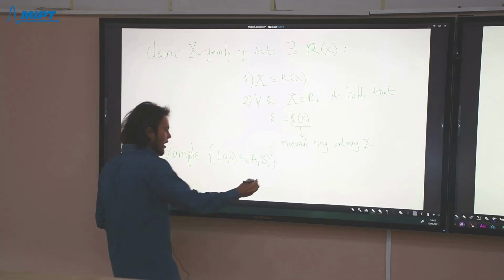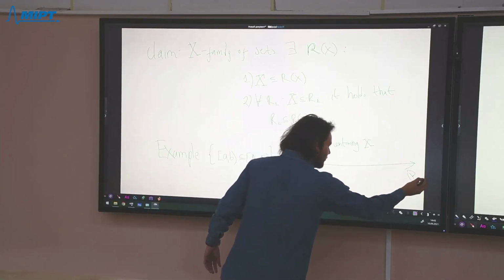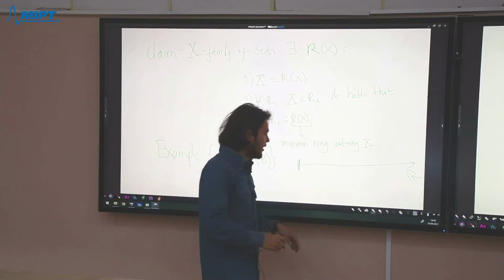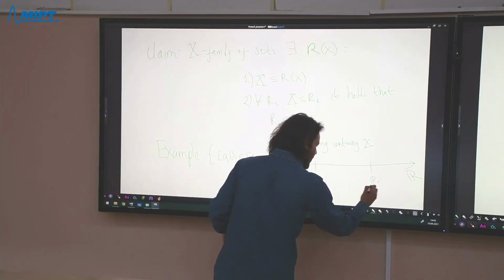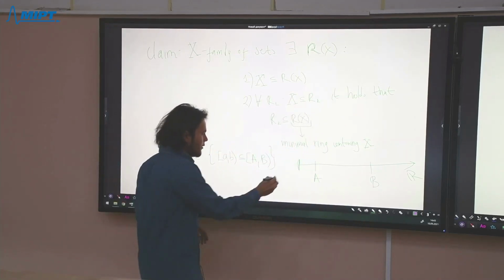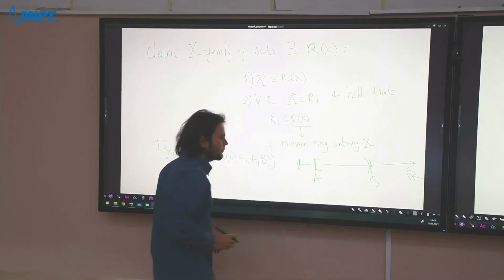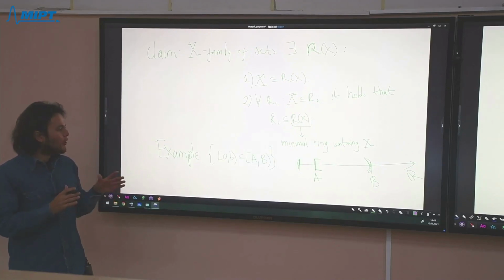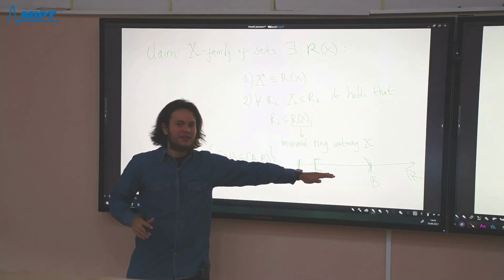So this is the real line R. And we have A and B, capital A and B. So we have this half interval here. And let's take all the possible half intervals inside this half interval.